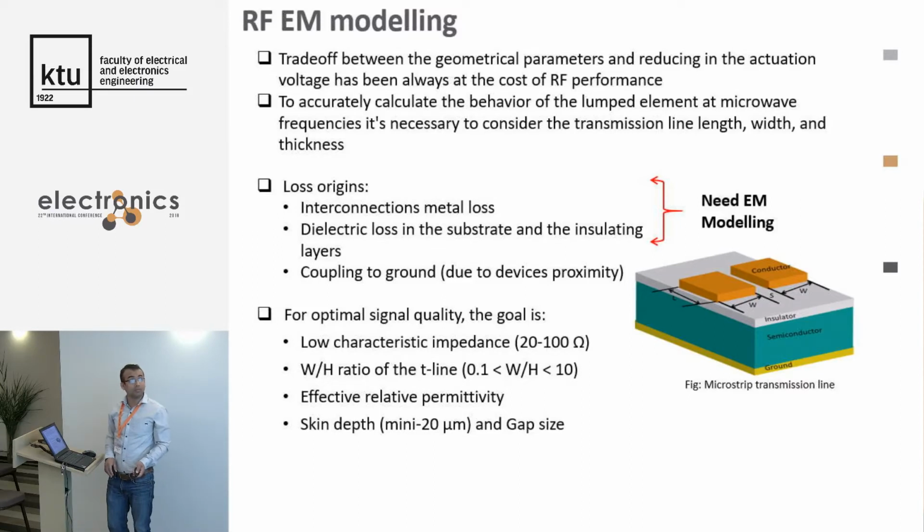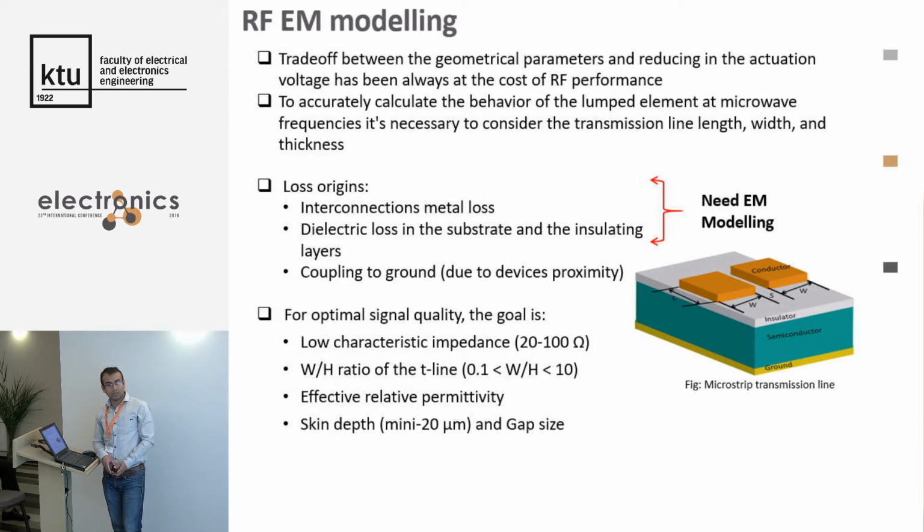So electromagnetic modeling is very important for the geometrical design for actuation voltage, because we have to compromise between the actuation voltage and the losses. That's why we have to design in a proper way.